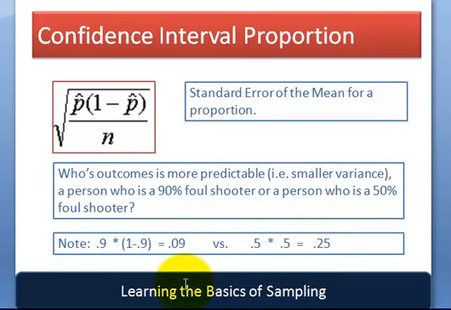So notice our standard error for somebody that's a 90% foul shooter is going to be a lot less than our standard error for somebody that's a 50% foul shooter. And I think that makes sense intuitively, because I'd rather try to forecast what a 90% foul shooter's outcome is going to be rather than a 50% foul shooter's. So that's just a little background on how this standard error for a proportion came about.